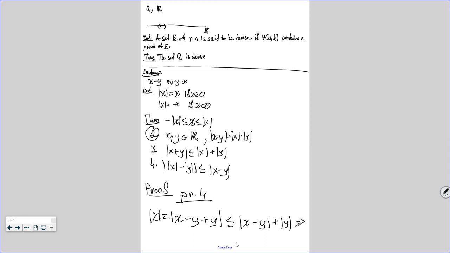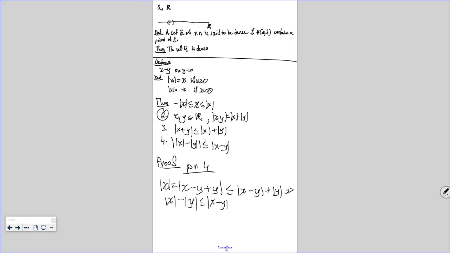So from here we have that the difference is less than or equal to the absolute value of x minus y. The same way we can write the same thing for y, and we will get that the absolute value of y minus the absolute value of x is less than or equal to the absolute value of x minus y. So from these two we can write that property 4 holds.